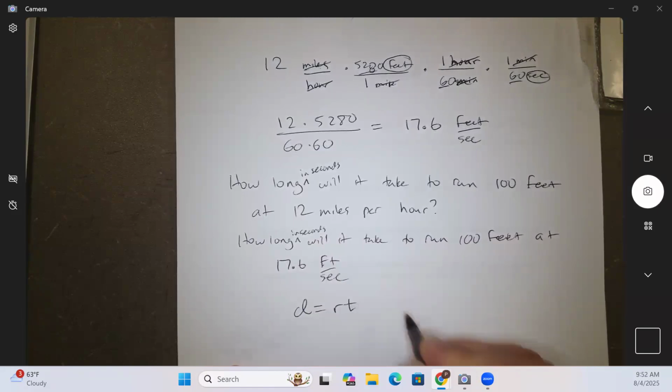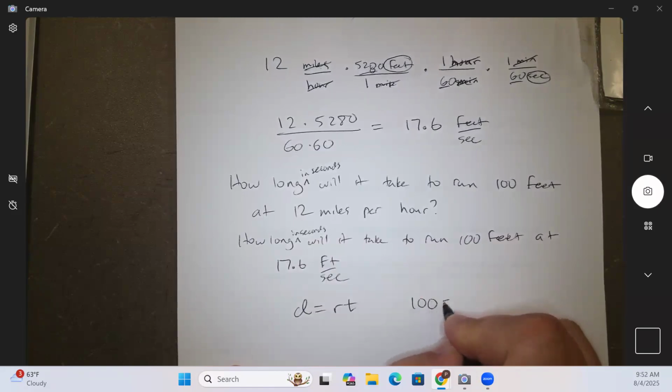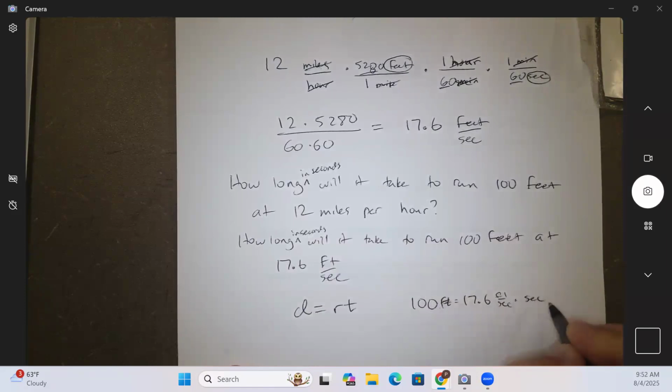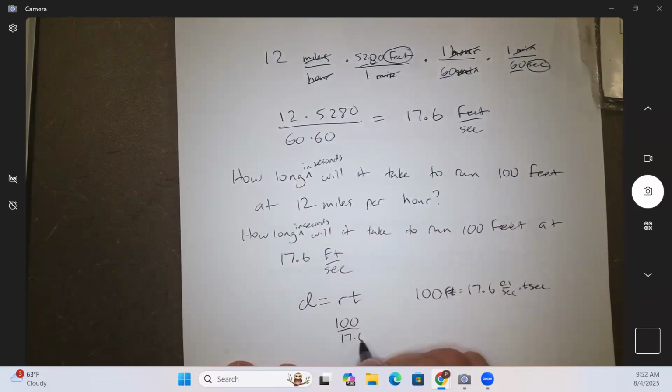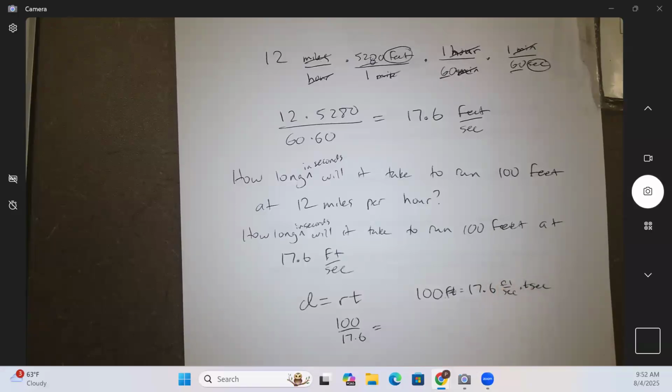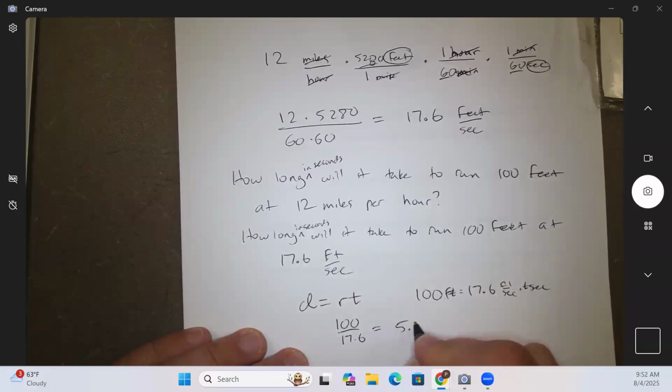Distance equals rate times time. 100 feet equals 17.6 feet per second times the number of seconds. So 100 over 17.6 equals 5.7 seconds, approximately.